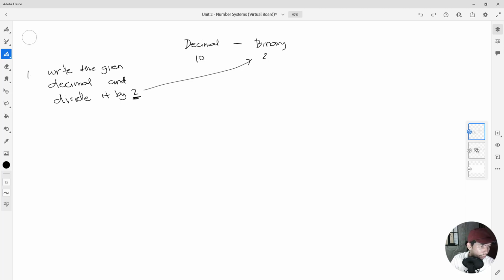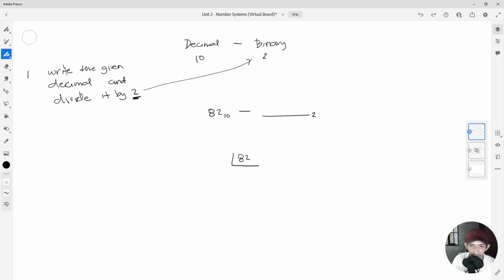So for example, we are going to convert decimal 82 into binary. Ano bang magiging sagot natin diyan? Binary. So you will write the given decimal, 82, and then start to divide it by 2. Nasanay kami sa ganito namin siya dinidivide, pabaligtad, ganito.